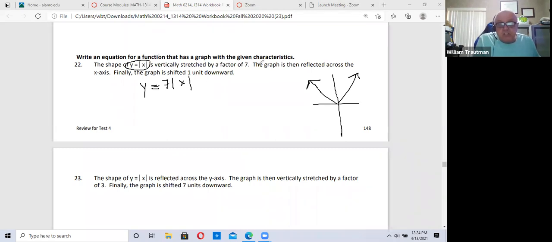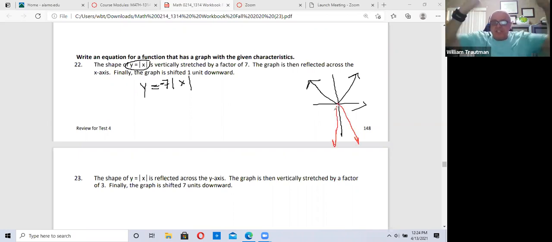Vertically stretched by a factor of 7, the graph is then reflected across the x-axis. If it's reflected across the x-axis, that means a negative has to be put in front of it. And that's it. So this is what the new graph would look like. It's stretched by a factor of 7. That means it's skinnier.